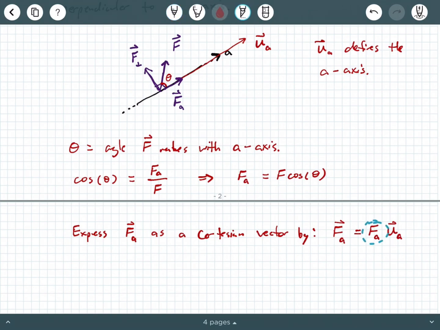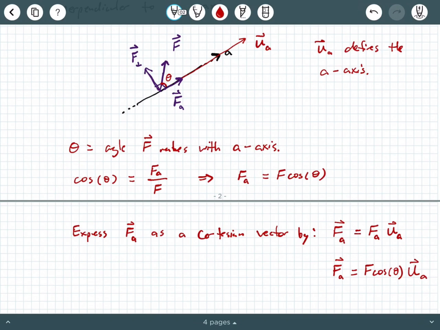Now, what do we know about the magnitude of FA? Well, we just figured out that's F cosine theta. So I can further write this as the Cartesian vector FA is F cosine theta times the unit vector UA. Now, what do we have here?